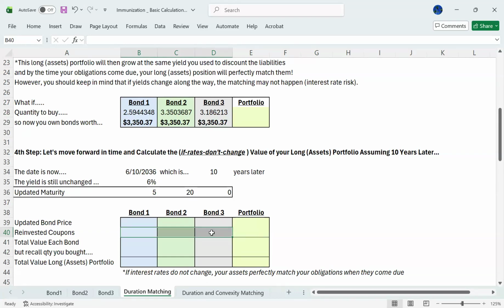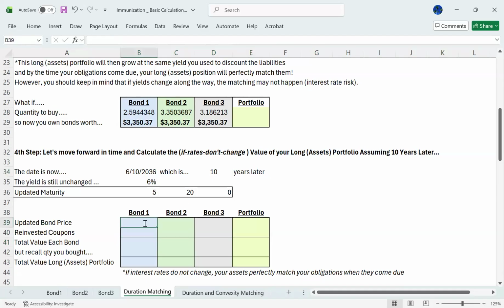Then I will have proceeds from these reinvestments, and we will calculate these too. So I will have a revised bond value and reinvested coupons in a separate account. When I add the two, I'm going to have the actual total updated value of my assets 10 years later.